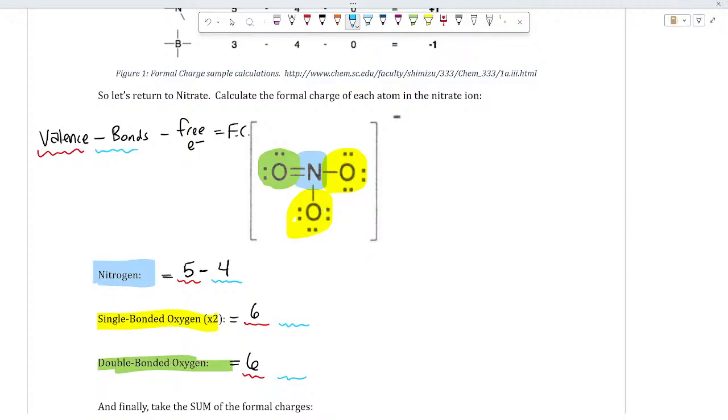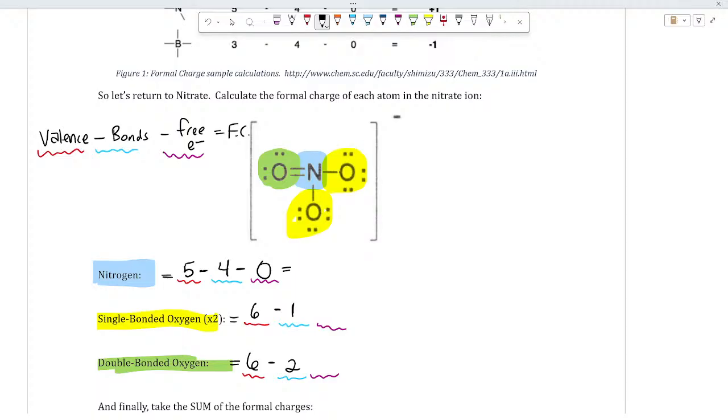Yeah, this yellow oxygen is only making 1 bond. What about the green oxygen here? It's making 2. Okay. Then, the last thing we need to know is how many free electrons. So how many free electrons does nitrogen have? Yeah, no lone pairs, right? Okay.